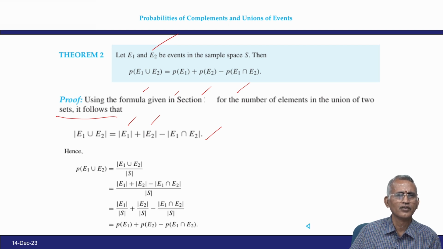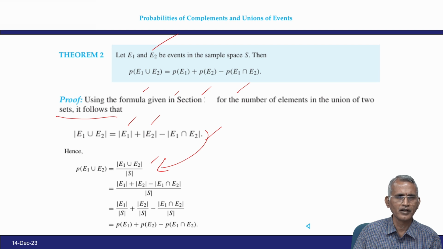Then you take the probability. So probability of E1 union E2 is nothing but cardinality of E1 union E2 by total number of elements in the sample space. You know the formula, then apply it here.